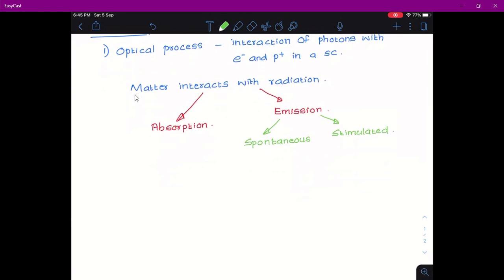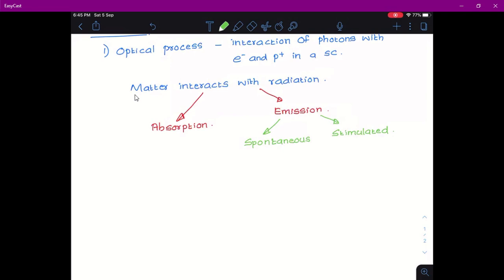We will look in detail at all these categories. In this lecture, we will just see an overview of the processes by which matter interacts with radiation.